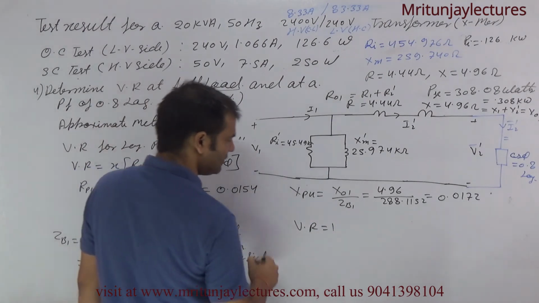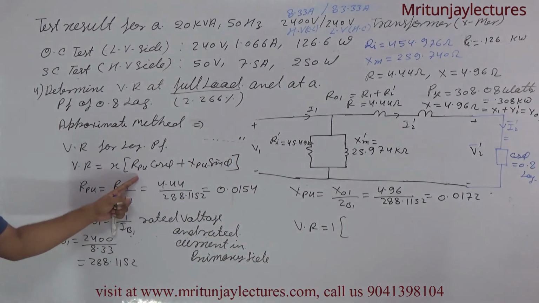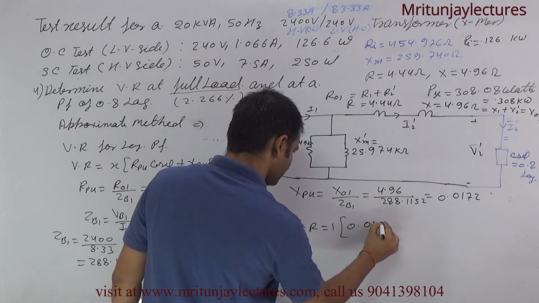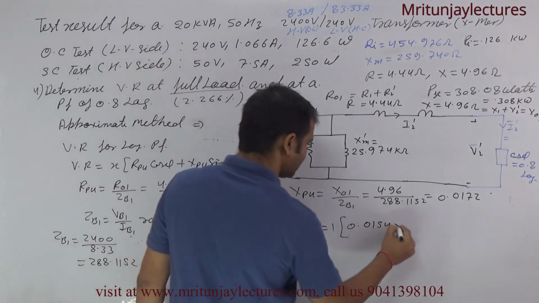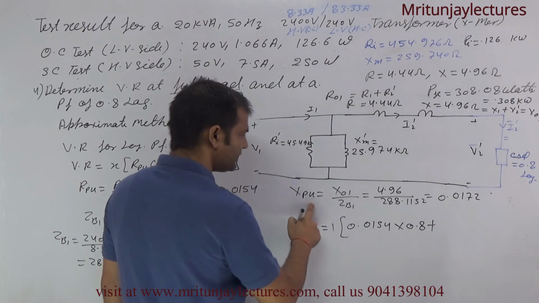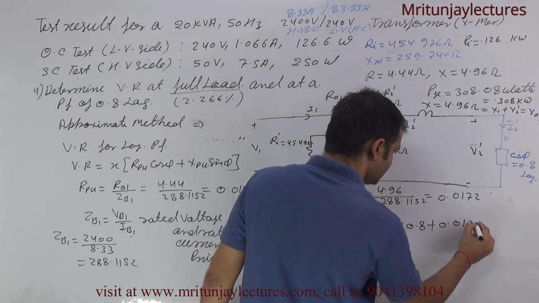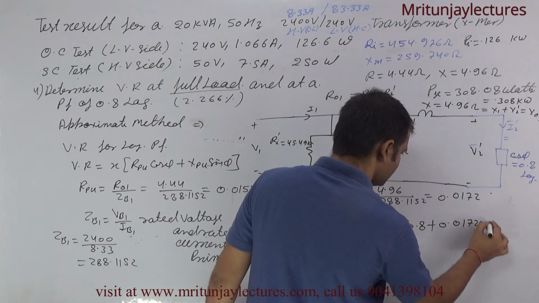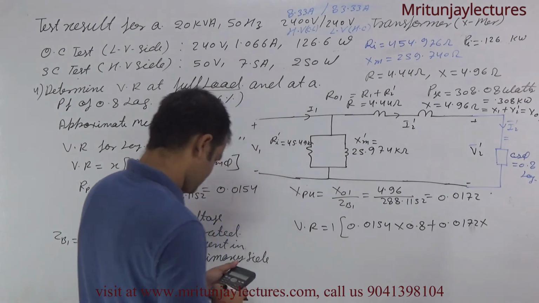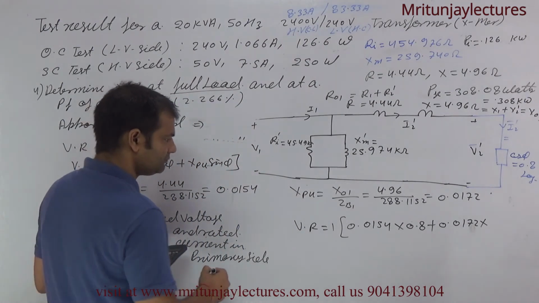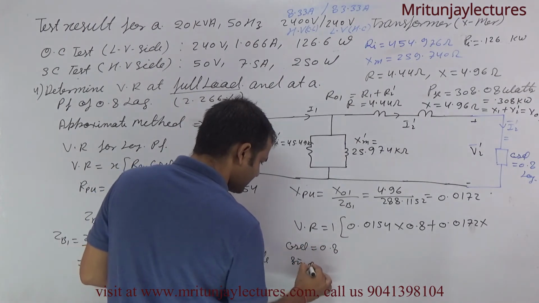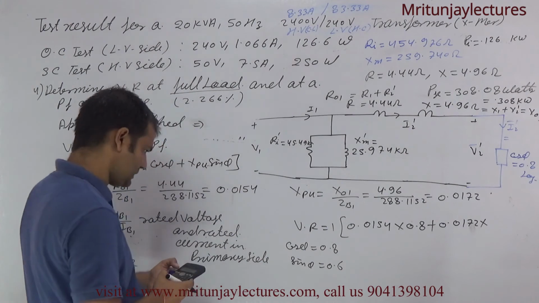VR equals RPU, 0.0154, into cos phi, where cos phi is 0.8, plus XPU, 0.0172, into sin phi. What about sin phi? Near about 0.6.